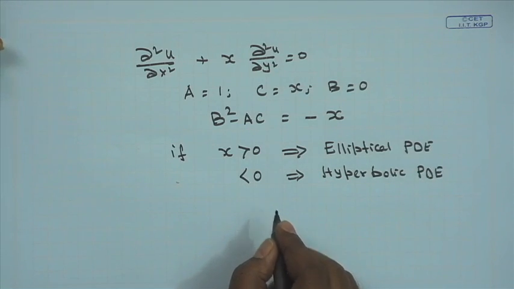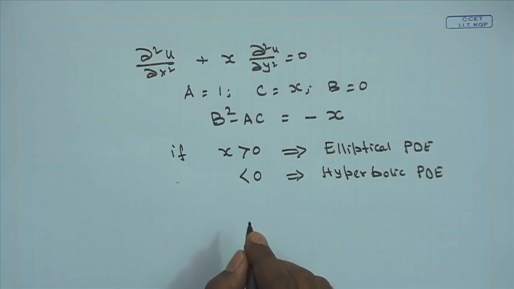Okay. So, these are the ways to categorize the partial differential equation in the case of a two independent variable problem. So, we have looked into the classification in 3-dimensional and 2-dimensional problems, which are quite common in engineering applications.